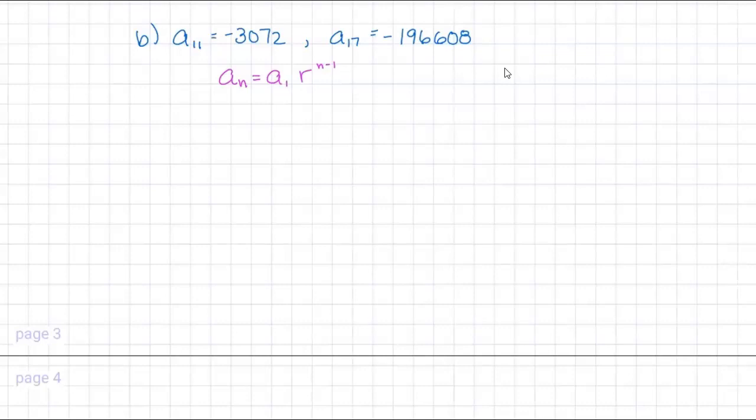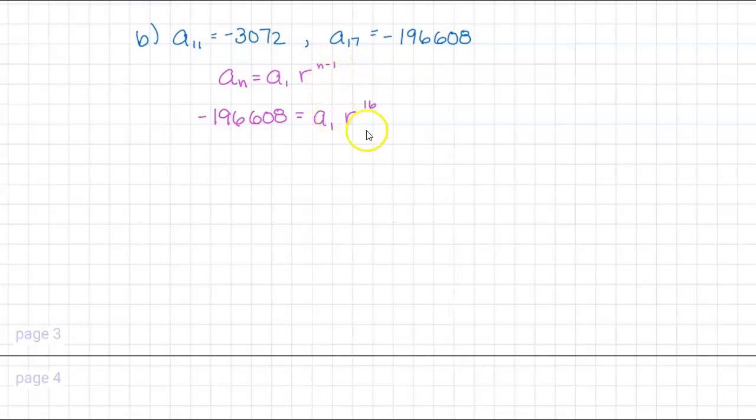So I'm going to plug 17 in for n and this number in for a sub n and make one equation. My first equation: negative 196,608 equals a sub 1 times r to the 16, because it's the 17th term and 17 minus 1 is 16.